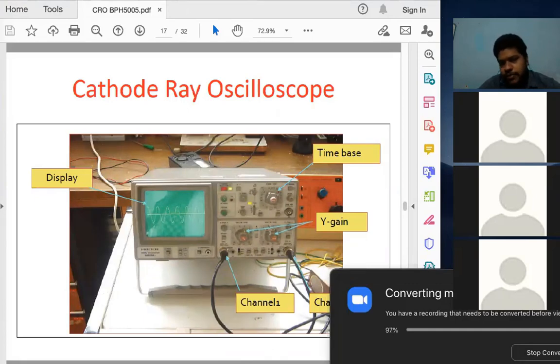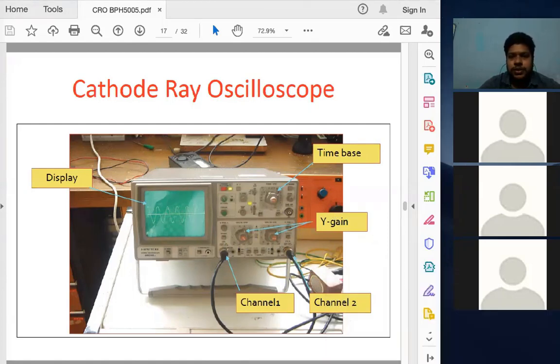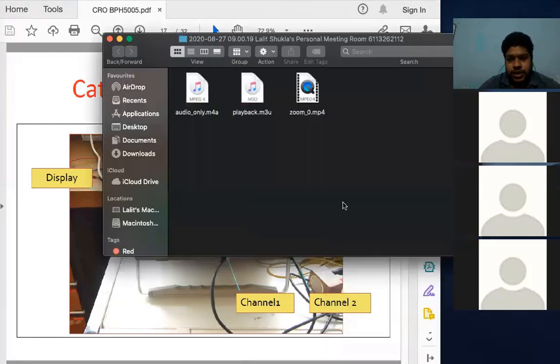If we apply one signal, we use only one of them; if we have two signals, we use both. This is for Y gain, and time is the x-axis, which is common for both signals.